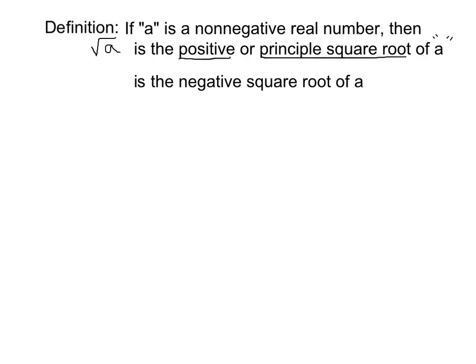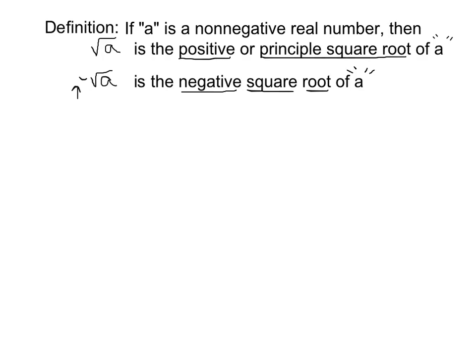And we would say that the negative square root of a is exactly what I just said, the negative square root of a. So that is the notation we will use to represent what a square root is.